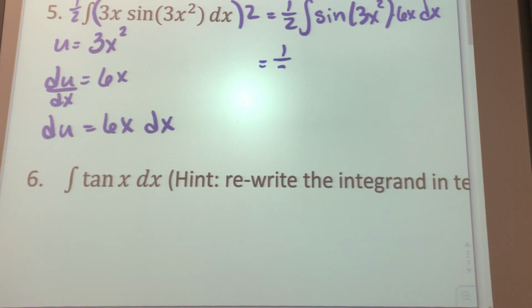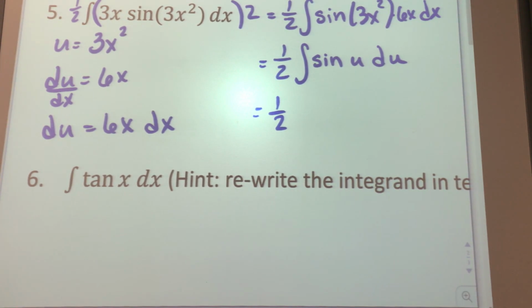Then I'll take my integrand and I'm going to rewrite it using only u. So since u was 3x squared, I replaced it. And then because du was 6x dx, I replaced it. And I'm ready to find the antiderivative.